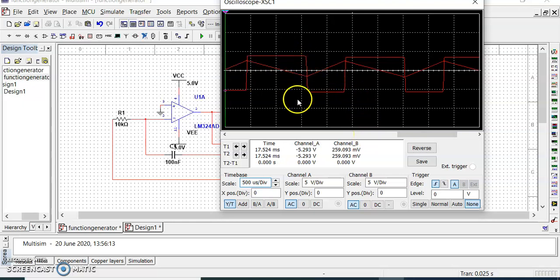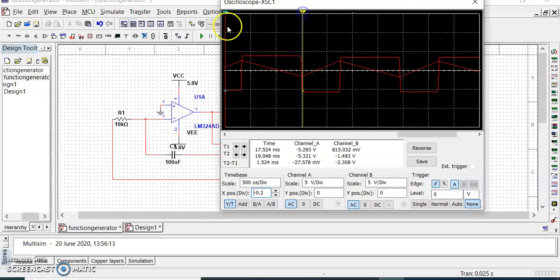I am going to change the position of my signal. Now the wave started from here and ended here. To measure the time period, this is the starting point and this one is the ending point.